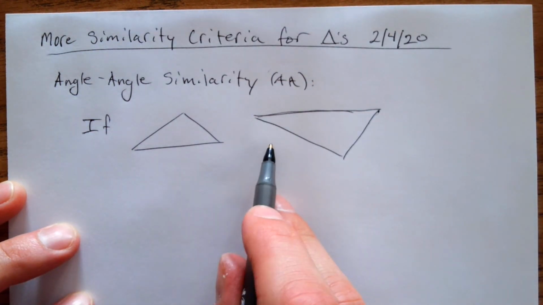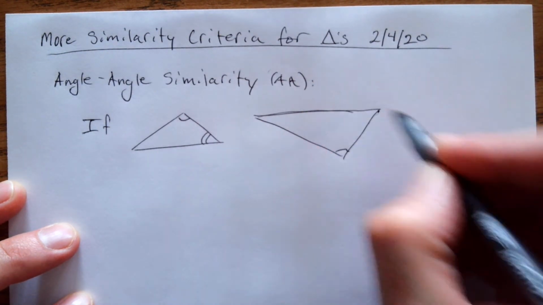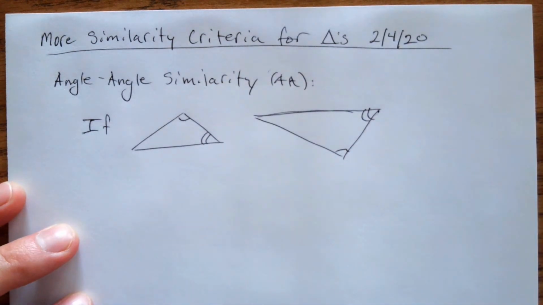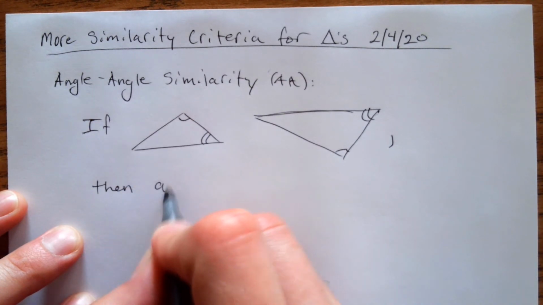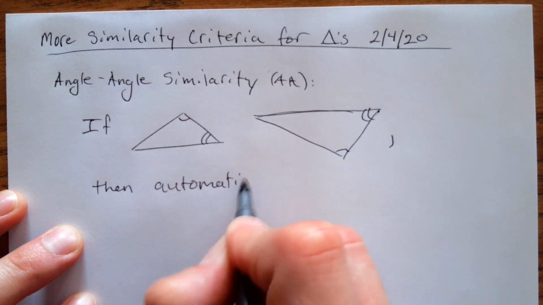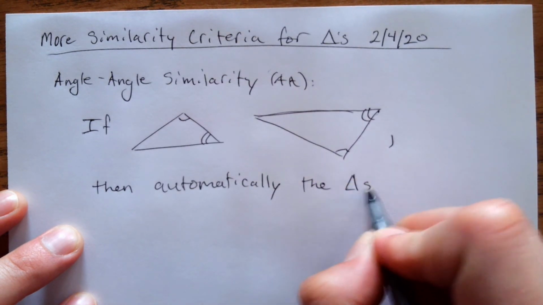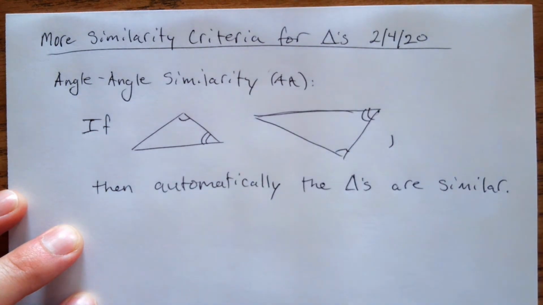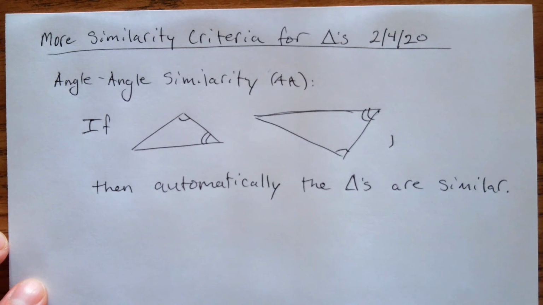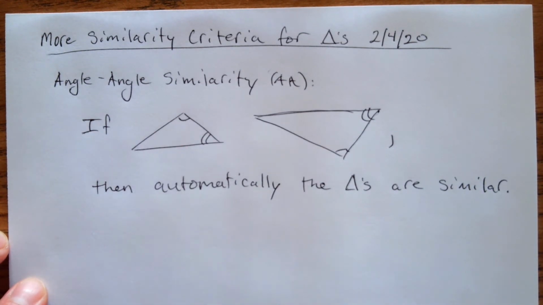So if you have two triangles with two angles congruent, then automatically the triangles are similar. So if you have two angles on one triangle congruent to two angles on another triangle, then automatically the triangles are similar.